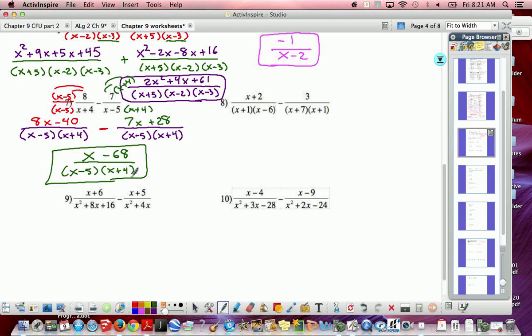All right, number 8. If I look at number 8, notice how they share x plus 1s. This one has x minus 6, so this one over here needs the x minus 6s, while the second one has the x minus 6, but needs the x plus 7.